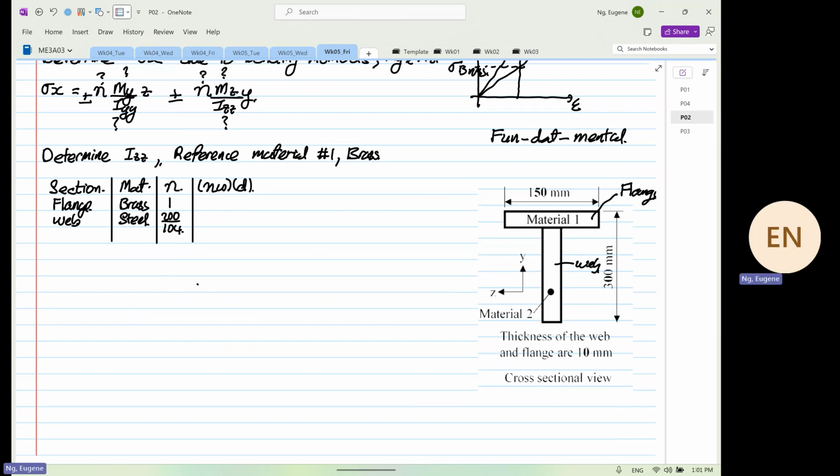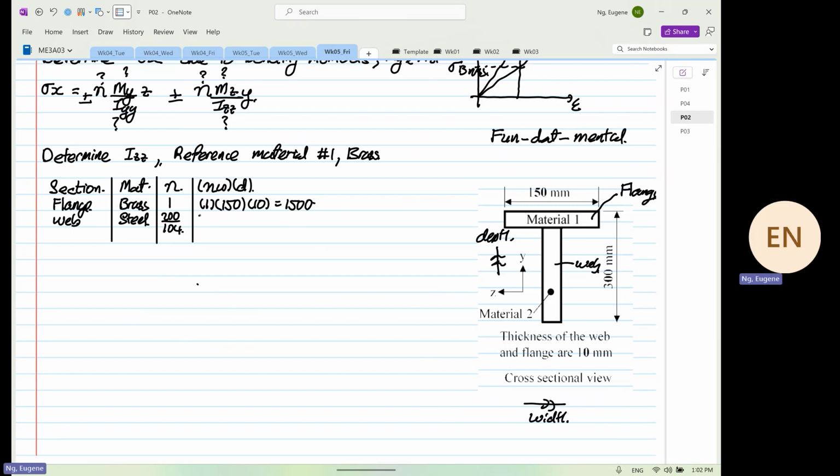The zz axis is horizontal, so this is your width and this is your depth. So it's going to be 1 multiplied by our width, which is 150, depth is equal to 10. So this will be 150 times 10 is equal to 1500.